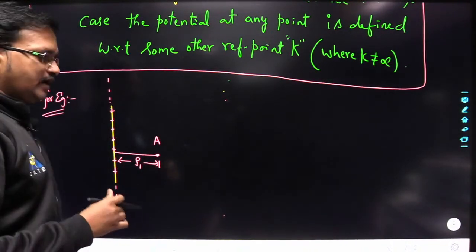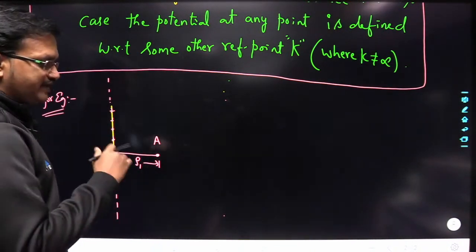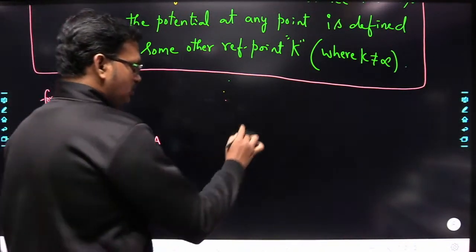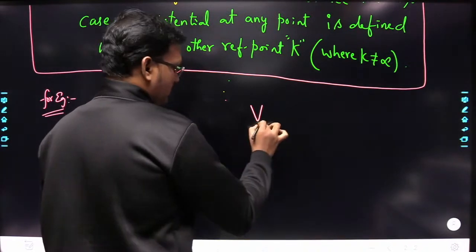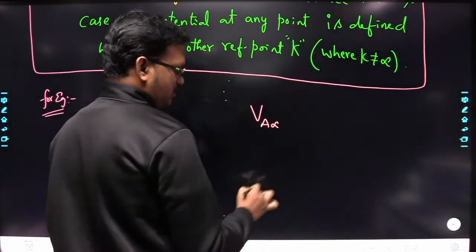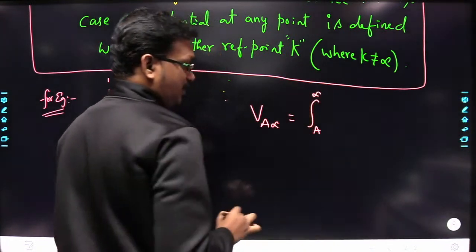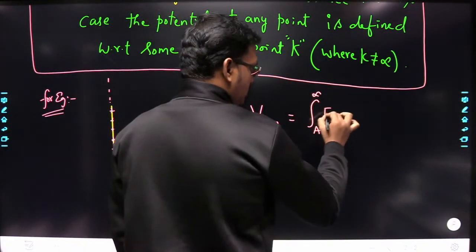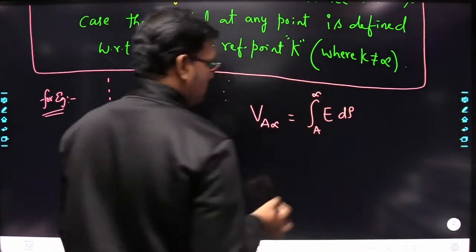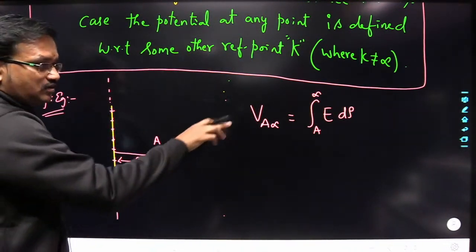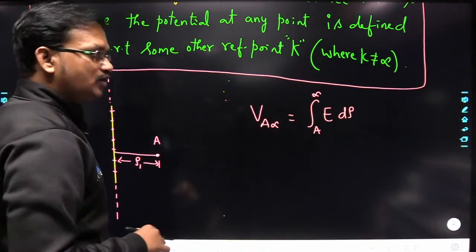In general we know the potential at any point is defined with respect to infinity. So let us assume we are measuring the potential at A with respect to infinity. This is equal to the integral from A to infinity of E dot d rho. Here the variable is rho.